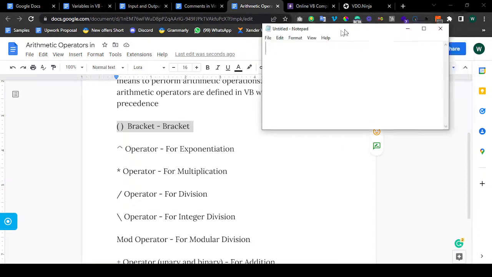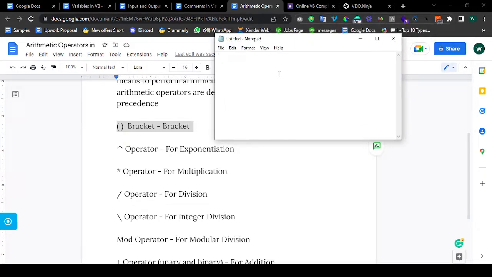For example, if you have 2 plus 2 times 4, under normal circumstances, according to board mass, it is going to be taking 2 times 4 first before solving the plus.